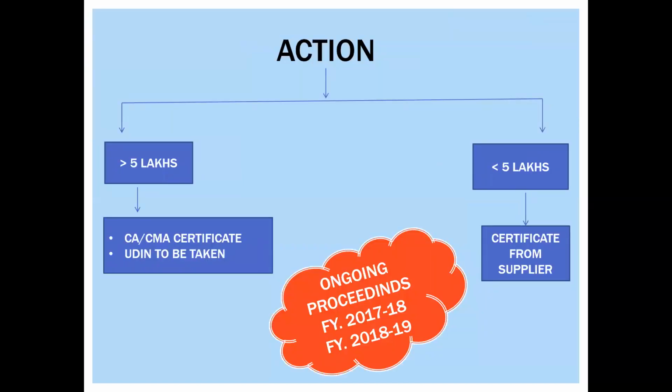Now, moving on to the action that may be taken by the proper officer: in case the proper officer witnesses differences between the ITC claimed in form GSTR3B and that in 2A, if the difference exceeds 5 lakhs, then the proper officer shall ask the registered person to produce a certificate from a chartered accountant or a cost accountant, certifying that the supplies have actually been made by the supplier to the said registered person, and also that the tax thereon has been paid in the return, that is GSTR3B, filed by him.